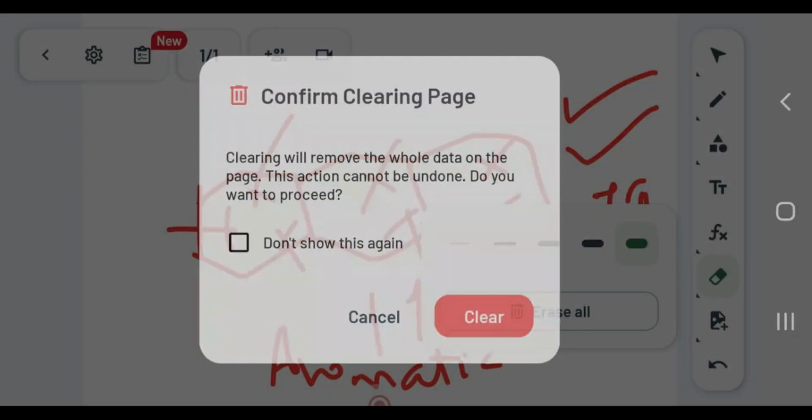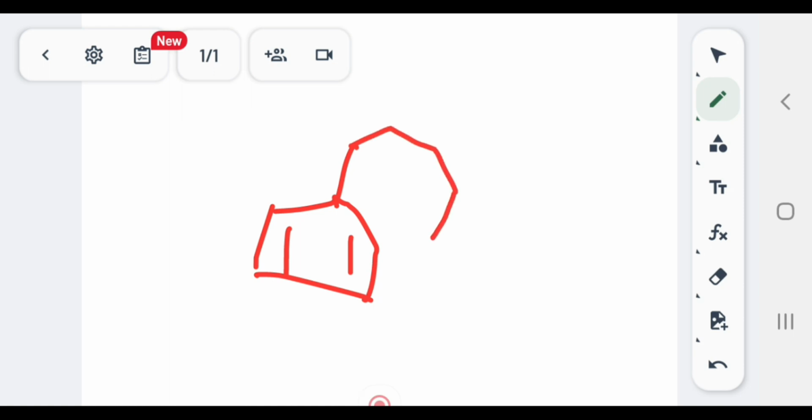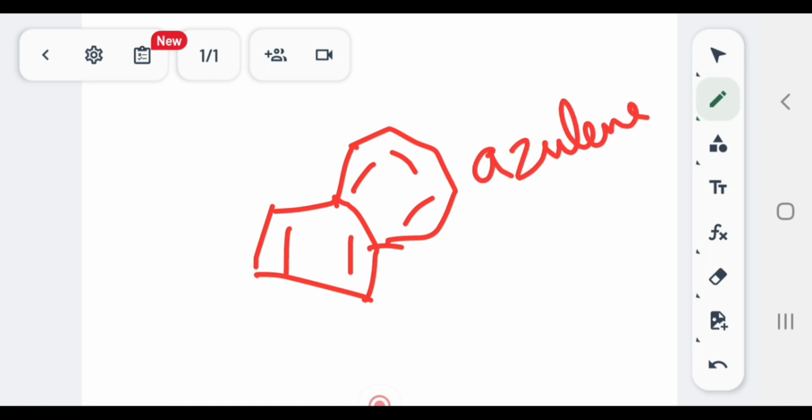So let me give you another example. A 5-member ring, which is connected to a 7-member ring. This system is said to be azulene. Actually, this compound's name is azulene. Here also, all the carbon atoms are sp2 hybridized.